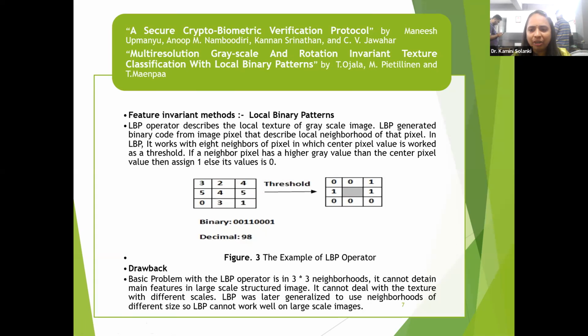So whenever you fetch the image from the database, for the same area, the same pixels, the same 3 by 3 matrix, you will do the same process, the same algorithm on the database image, and you have to check whether the value is near to 98 or nearby 98. If it matches, then your local features will be matched. Suppose I have one dot on my cheek.